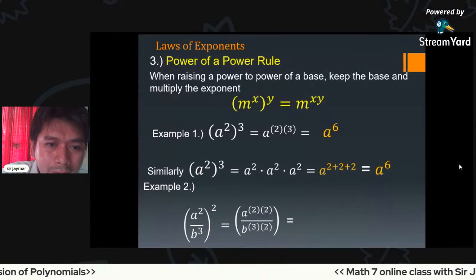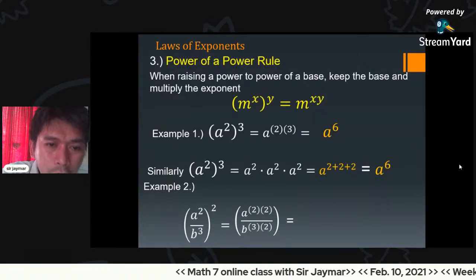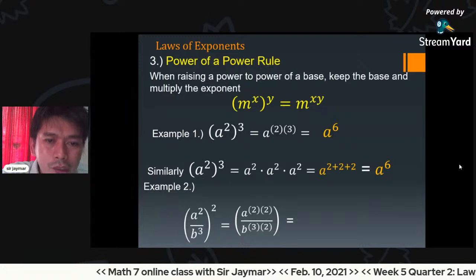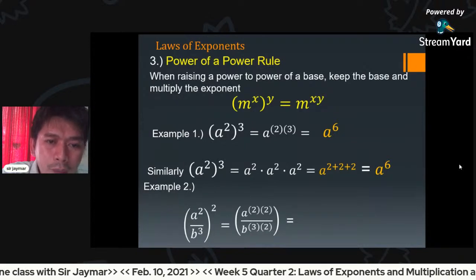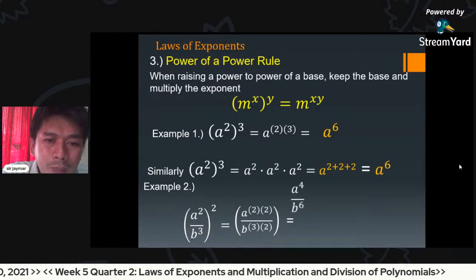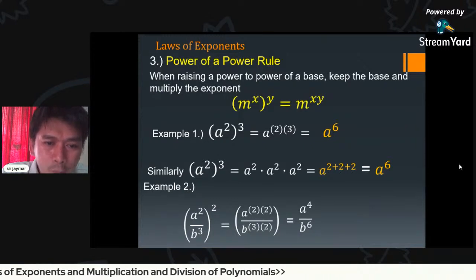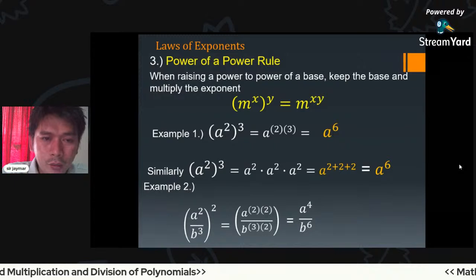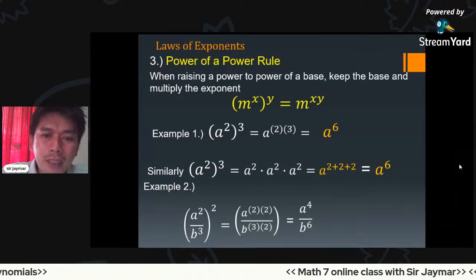You will multiply the exponent of the numerator and the exponent of the denominator by the outside exponent. So again, the exponent of a will be 2, multiplied by the outside 2, over b, the exponent of b will be 3 multiplied by the outside exponent, which is 2. So it will become a raised to 4 over b raised to 6.